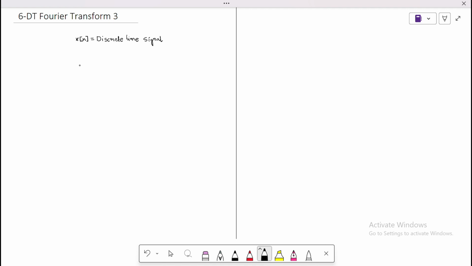So it's a discrete time Fourier transform. It is denoted by X of e power j omega.